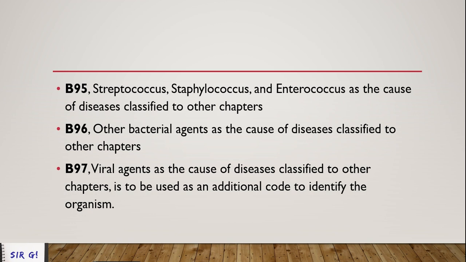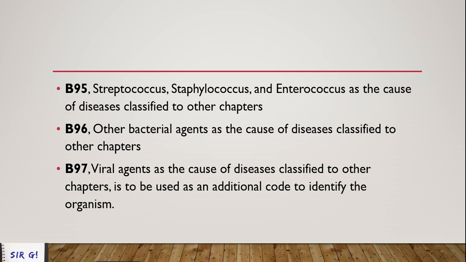Okay, just to give you information, you can check your book and go to category B95. Category B95 is Streptococcus, Staphylococcus, and Enterococcus as the cause of diseases classified to other chapters. They created a specific category for these three bacteria because those are the common bacteria that cause infections.